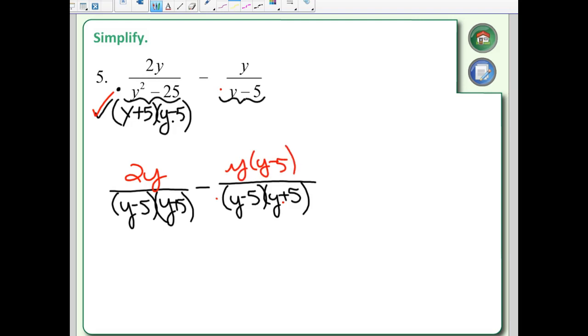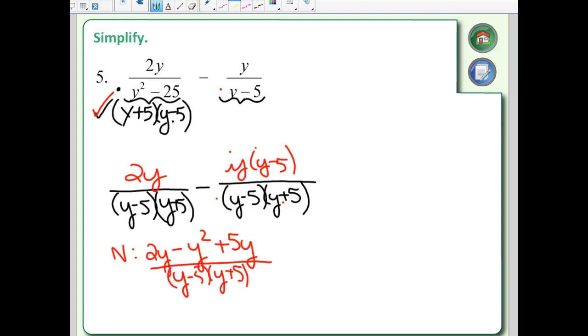Okay, let's take care of our numerators. What's going to happen? We've got 2y minus, well, y times y is y squared, and a negative times a negative is a positive 5y all over y minus 5, y plus 5.